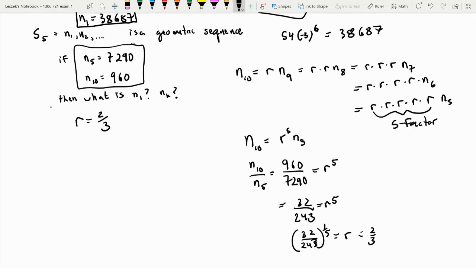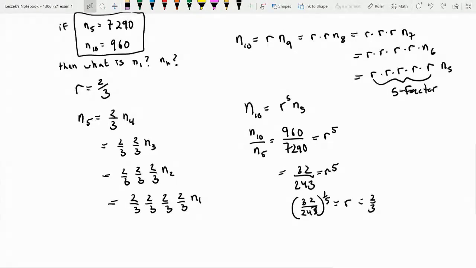Right. So now if you have n5, you know that n5 is the common ratio times the previous term. And then n4 is the common ratio times n3, and so on. So now we have n5, we know. And then this is 2/3 to the power 4.